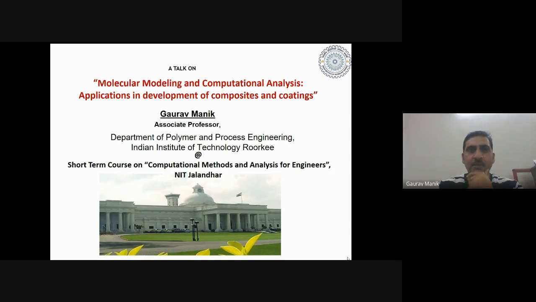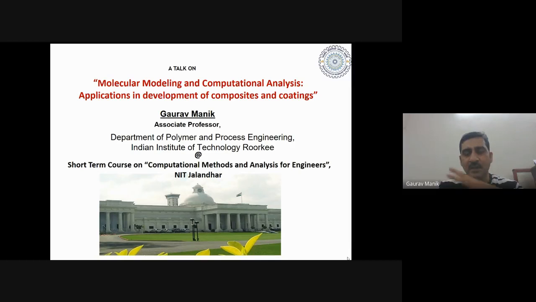In the second part of my talk, I will focus on giving some information about application of these computational tools, which is primarily molecular simulations, in understanding and evolving properties of composites and polymer coatings. So that's going to be my second part.